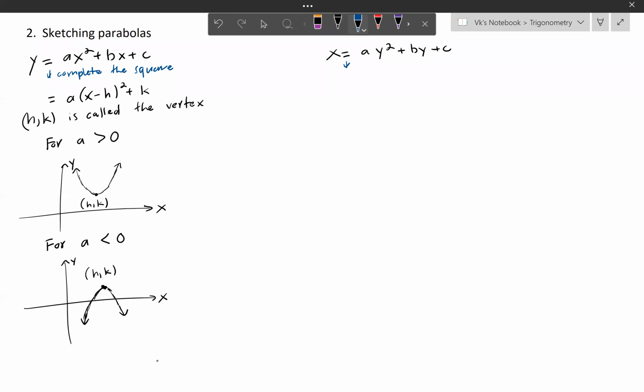And completing the square is going to give us x equal to a(y minus k) squared plus h. And same thing here, the point (h, k) is called the vertex.